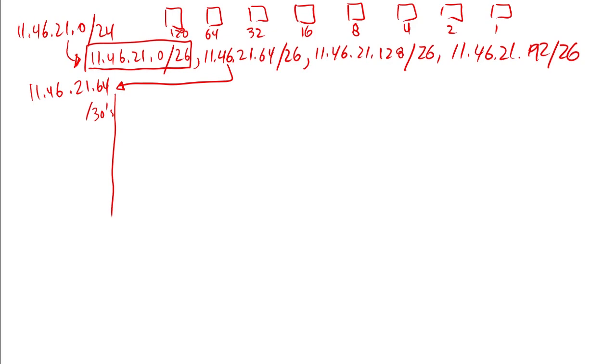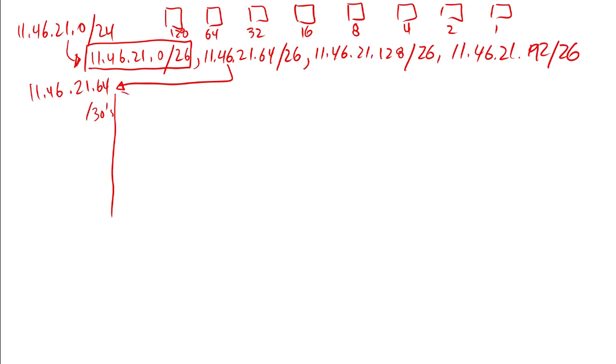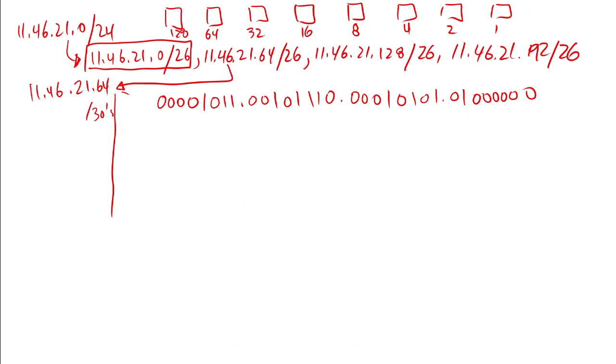So we're just going to keep it, and the way we do that is with our boxes. So it always goes smaller. So we're going to write this out again. 11.46.21.64. Is that correct?